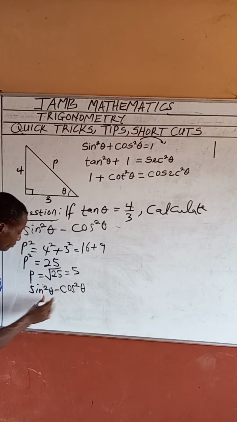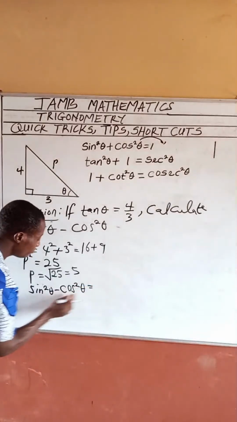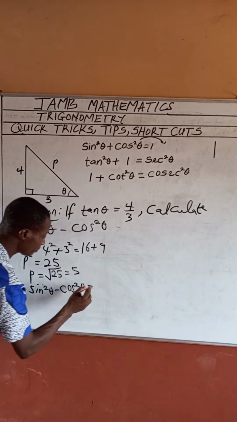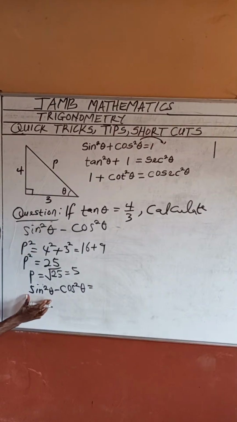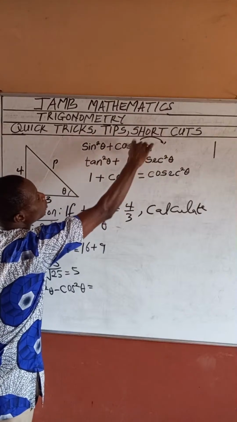Sine square theta is 1 minus cos square theta.